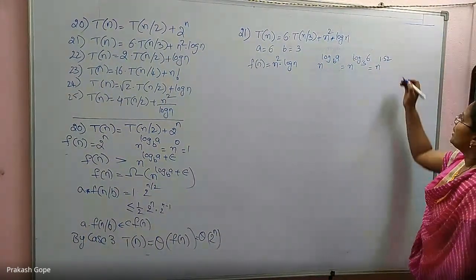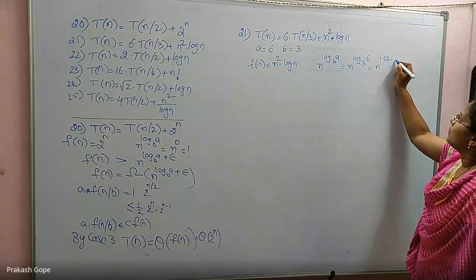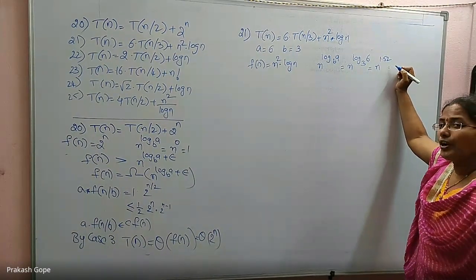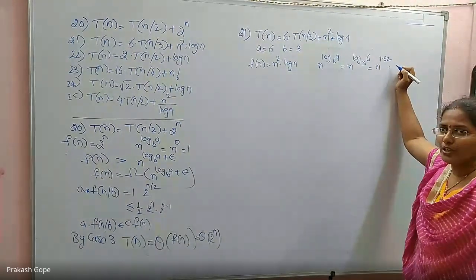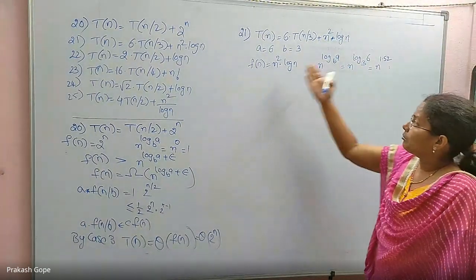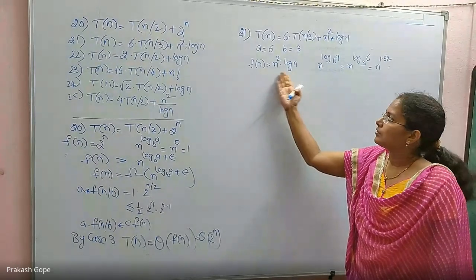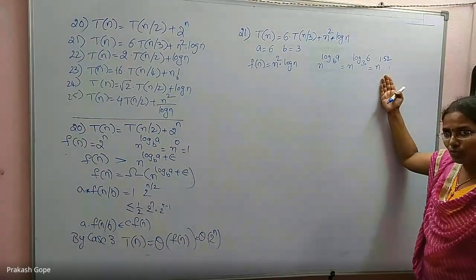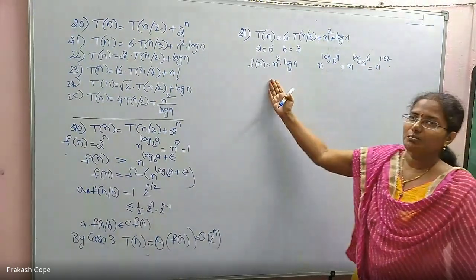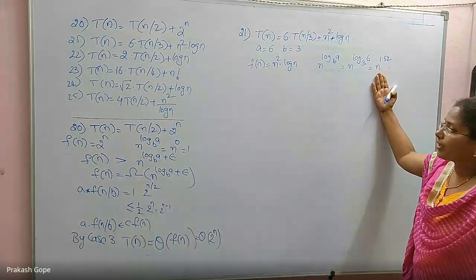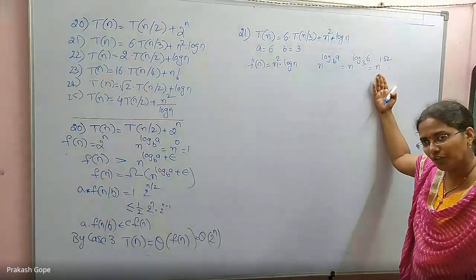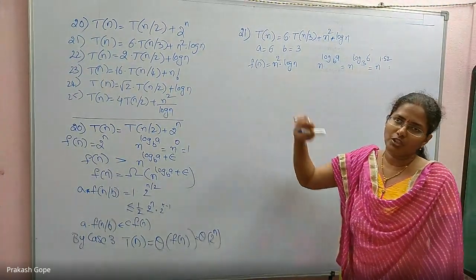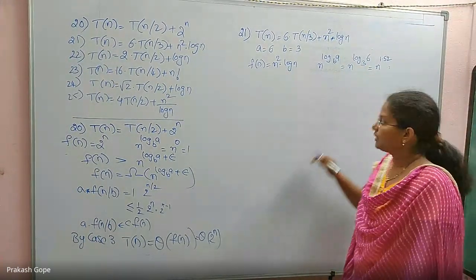Which means even if you add something to the power, for example some 0.3, still it is not n square. This f of n value is more than n square. So f of n is much greater than n power log a to the base b plus epsilon. Even if I add some small value to the power, still f of n is much greater. So it is coming to case 3.